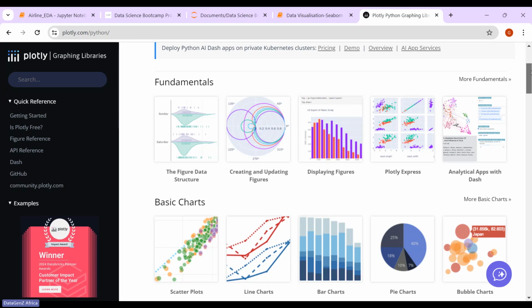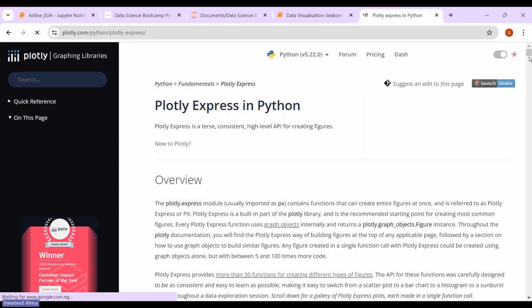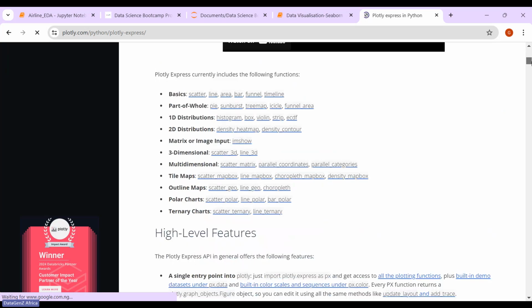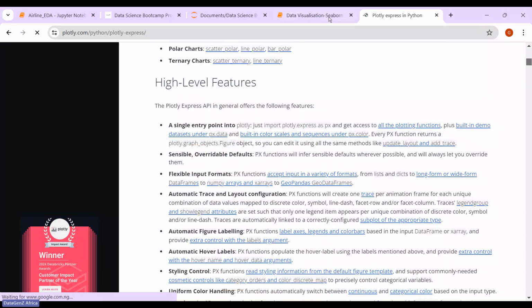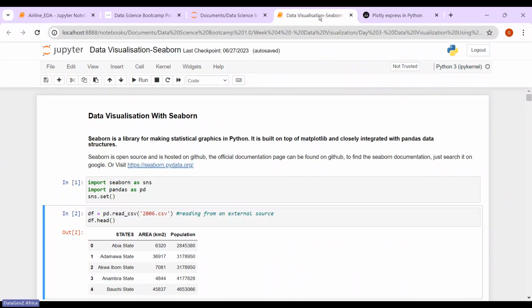You just take a cue from the documentation and then try to replicate some of their examples. I'll show you an example. So let me just go through Seaborn first before I show you a bit about Plotly.